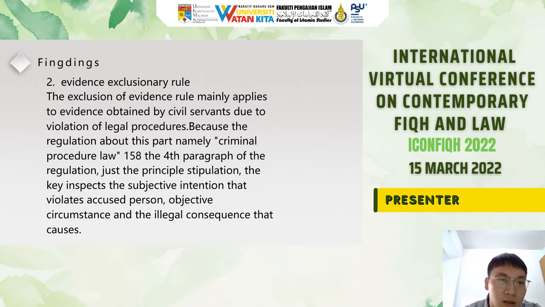And the second type, the evidence exclusionary rule. The exclusion of evidence rule mainly applies to evidence obtained by civil servants in violation of legal procedures, because the regulation about this part, namely Criminal Procedure Law Article 158, the fourth paragraph, just provides the principle, and the key inspects the subjective intention that violates the accused person, the objective circumstances, and the illegal consequence that it causes.